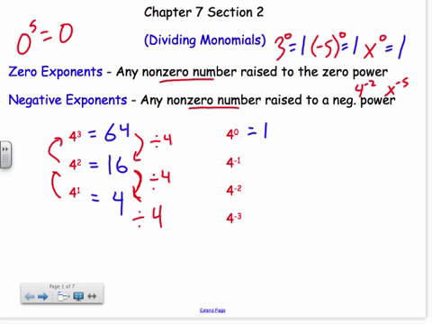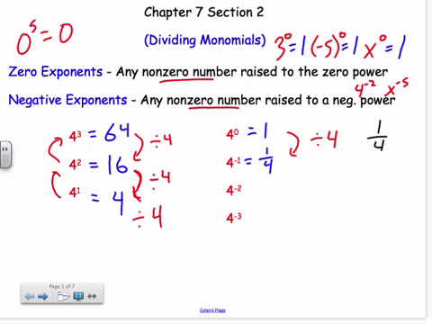Well, what about our negative exponents now? What's going to happen as I go to 4 to the negative first power? Well, it's the same pattern, isn't it? We really just divide by 4 each time. And I could write that as a fraction, right? 1 divided by 4. So it looks like 4 to the negative first is going to be 1/4.